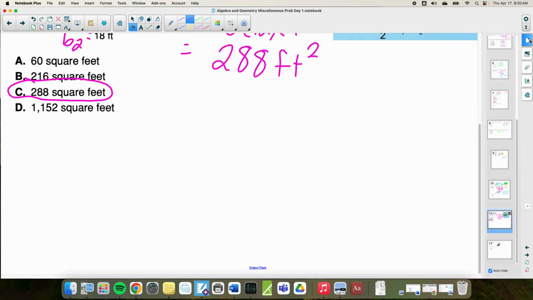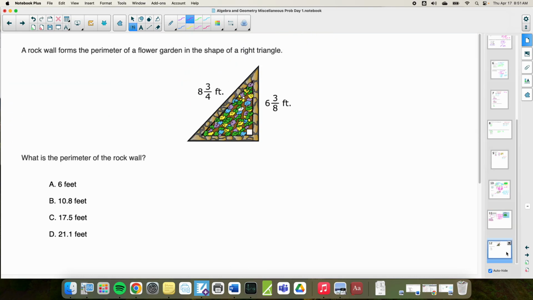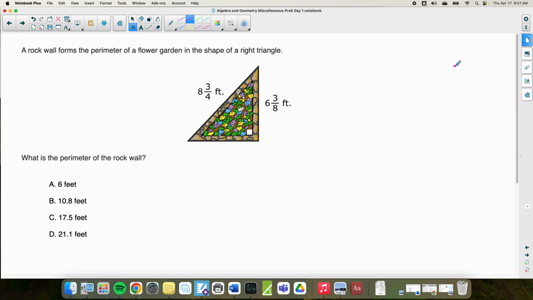Then, last problem, okay? This is a right triangle and it wants the perimeter, okay? Now, what I would probably do if I were you guys is change these to decimals. So I think you all know 3/4 is 0.75.